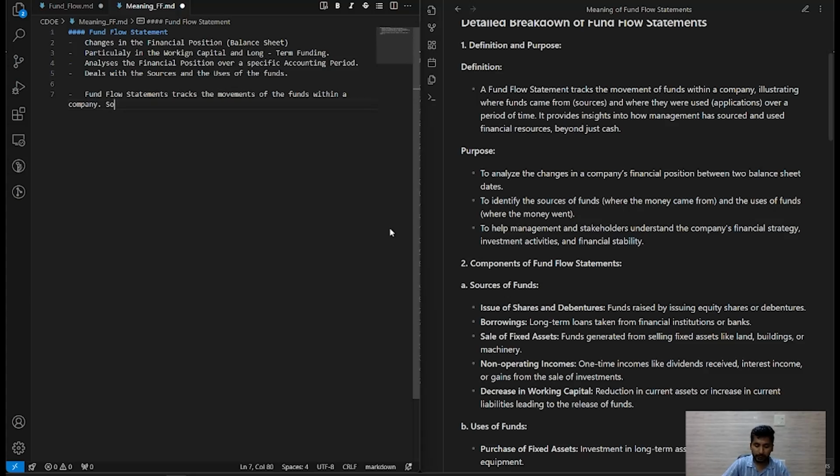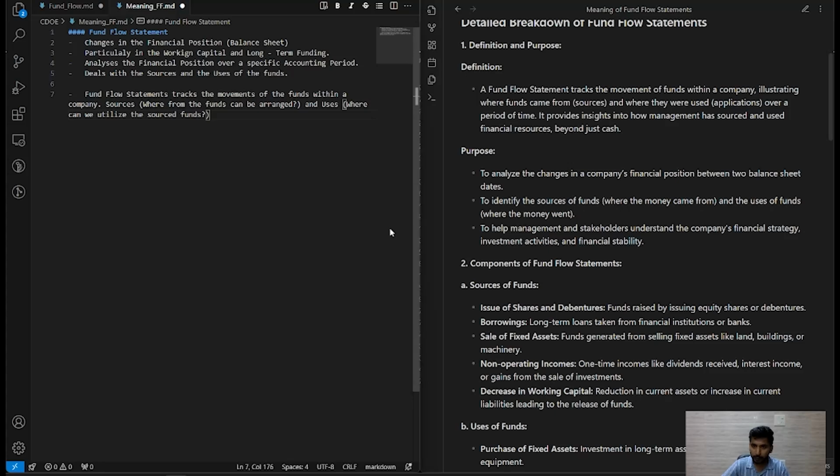Basically, it identifies where the funds can be arranged from, that is the sources, and uses: where can we utilize the sourced funds?